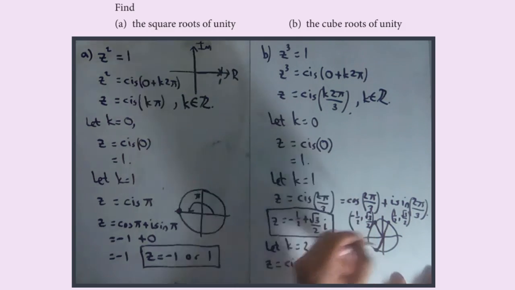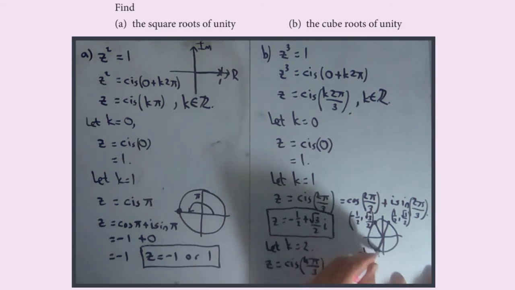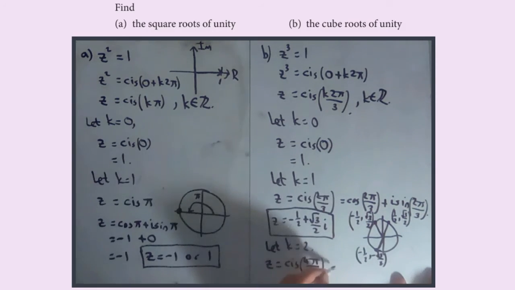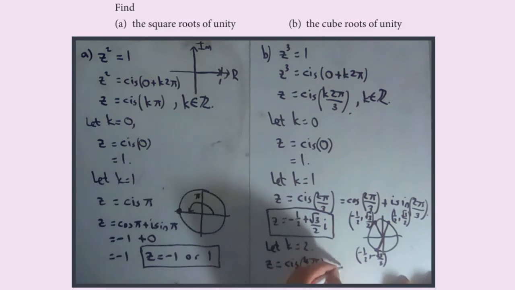So that has coordinates, we can use what we've got already. Cos and sine will both be negative. That is at minus a half and minus root 3 over 2. So that is going to be minus a half minus root 3 over 2 i.